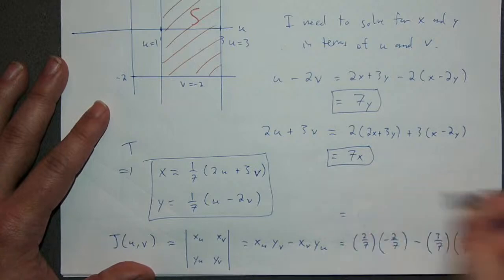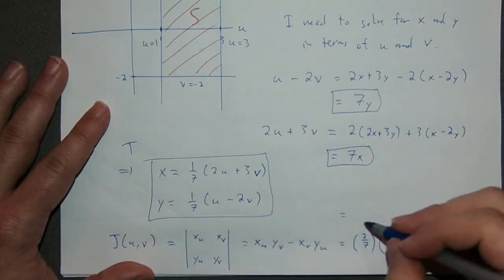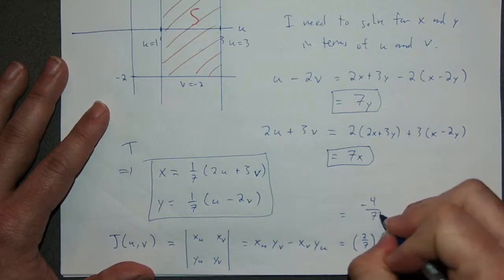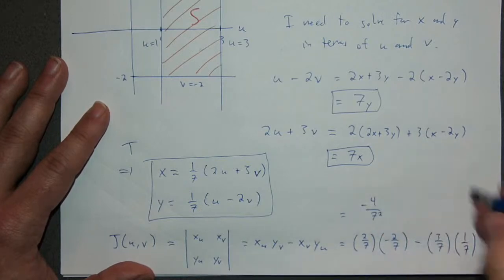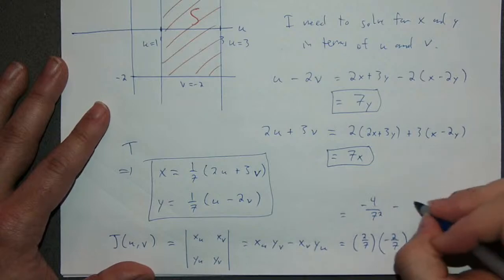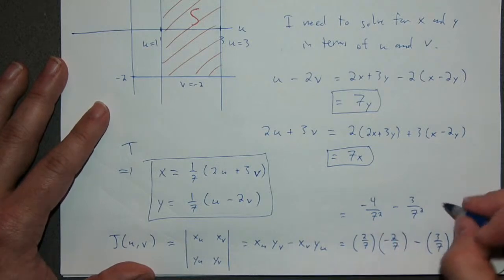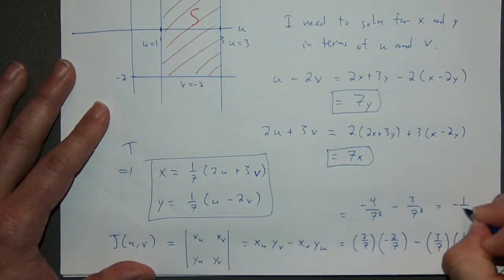And so this is minus 4 over 7 squared, or 49, minus 3 over 7 squared. So this is minus 7 over 7 squared, or minus 1/7.